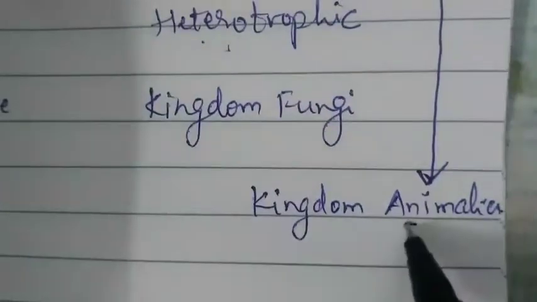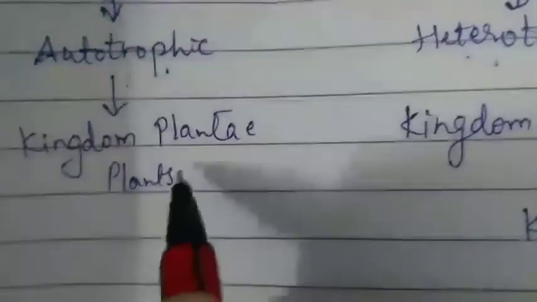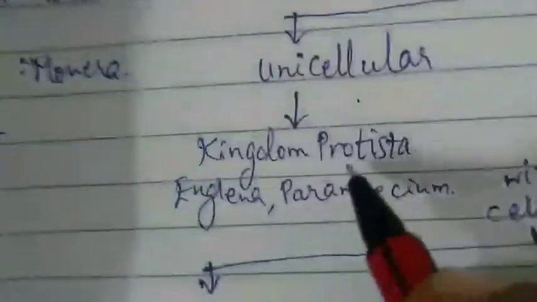So you can see here, this is one kingdom, this is one, then this is 1, 3, then Protista and kingdom Monera.